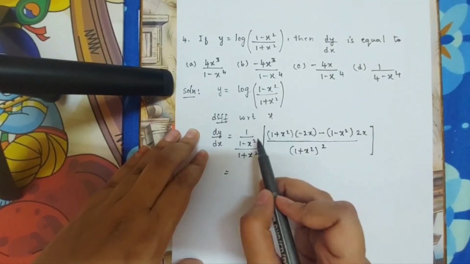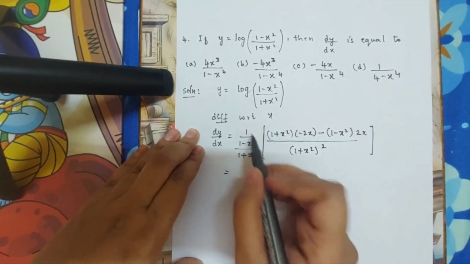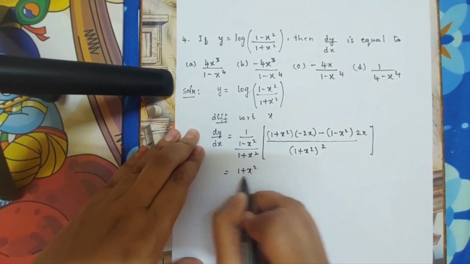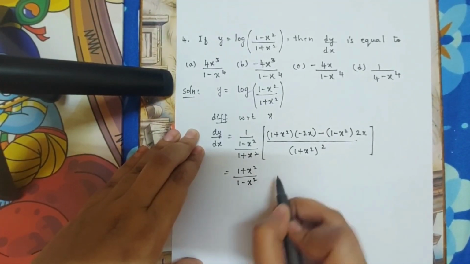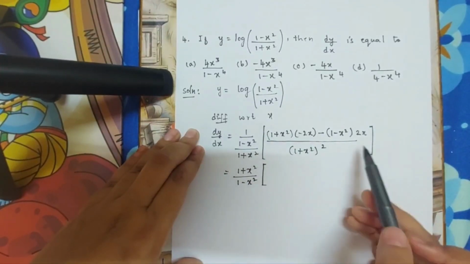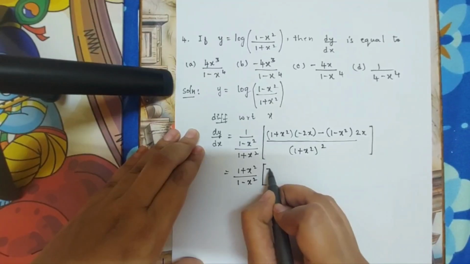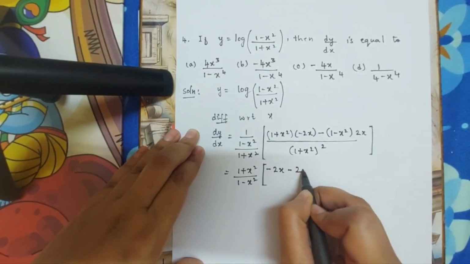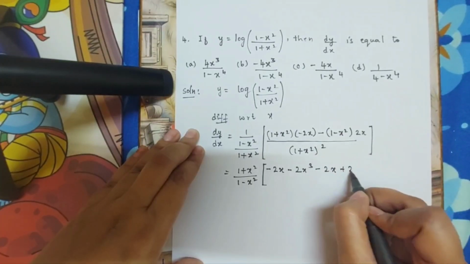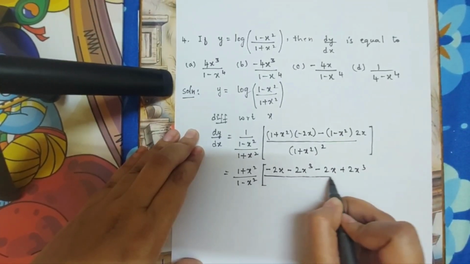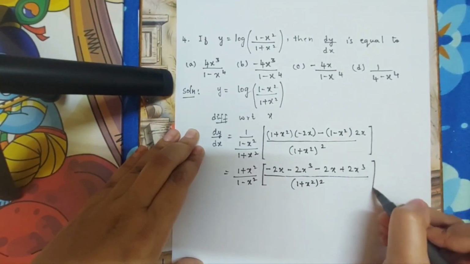Since this is of the form 1 by denominator, I'll be able to take this up. So this becomes 1 by x square, (1 plus x square) divided by (1 minus x square). We will be simplifying this to get the exact value. So I'll be able to write this as minus 2x cube minus 2x plus 2x cube divided by (1 plus x square) the whole square.